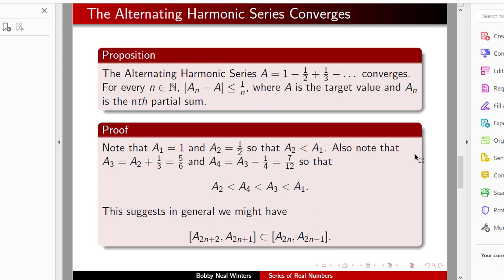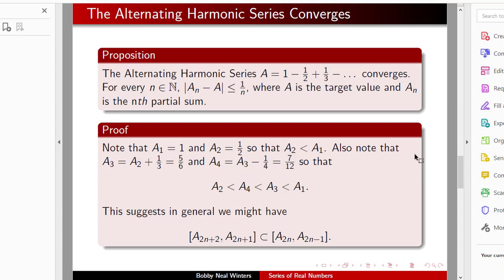Now we talk about the alternating harmonic series. It converges. Even though the harmonic series diverges, the alternating harmonic series converges. So the series A minus is equal to 1 minus 1/2 plus 1/3 minus 1/4. It will converge, but we don't tell you what it converges to.